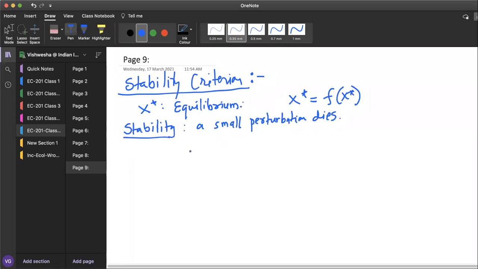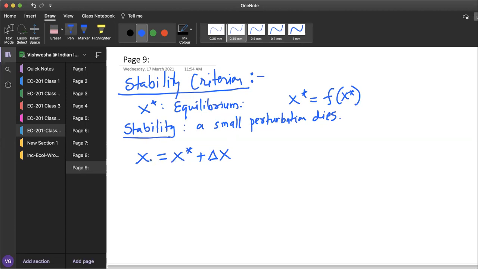Okay, so let us do this now. Let's say I have made a perturbation to an equilibrium. X star was the current value, the system was in equilibrium, and I have made a perturbation delta X. X star was present at, let's say, time 0.